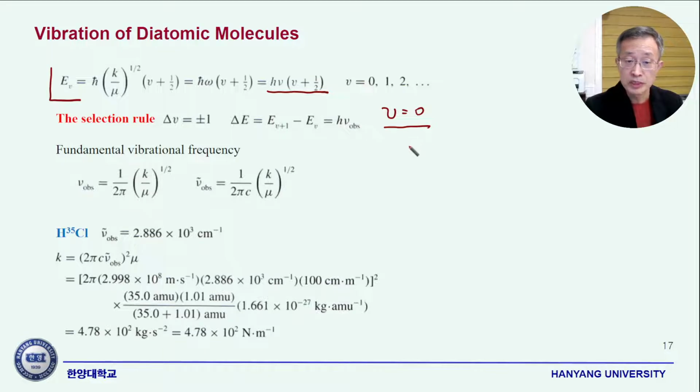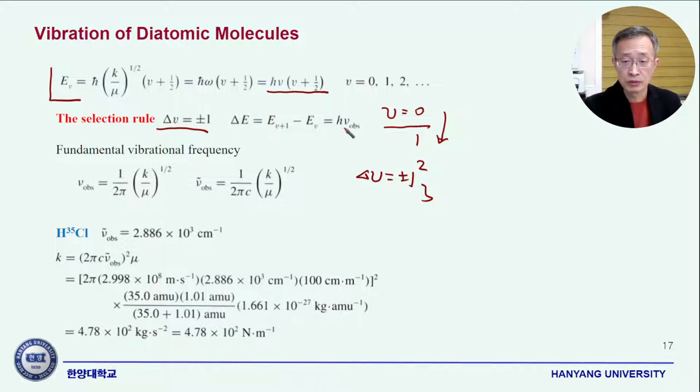We call that the zero-point energy. Among the vibrational levels, v equals 0, 1, 2, 3, and so on, only transitions with Δv equal to ±1 are allowed. That's the selection rule that tells us which transitions among the vibrational energy levels are allowed.